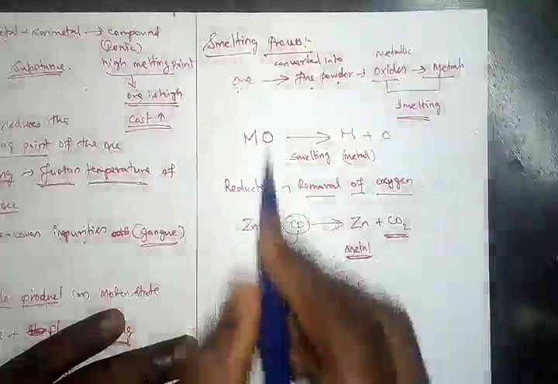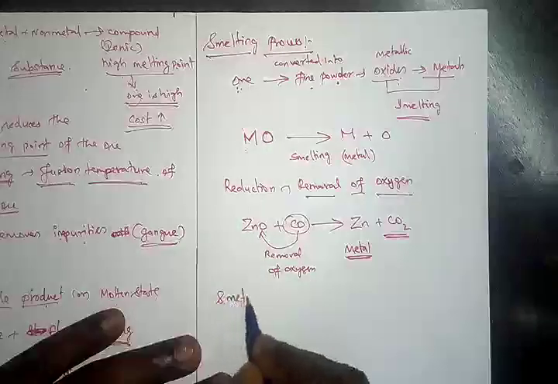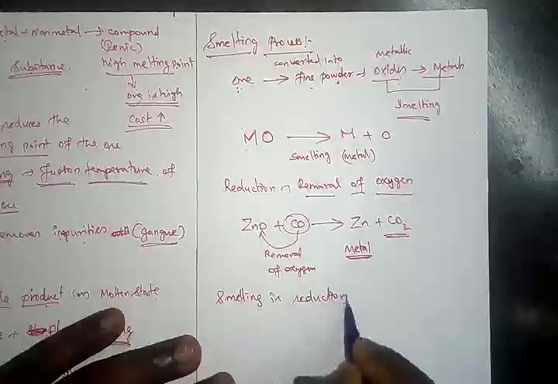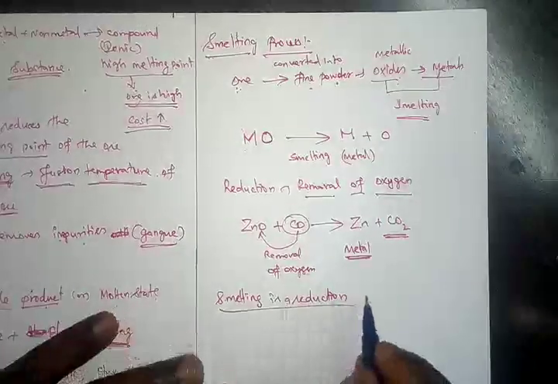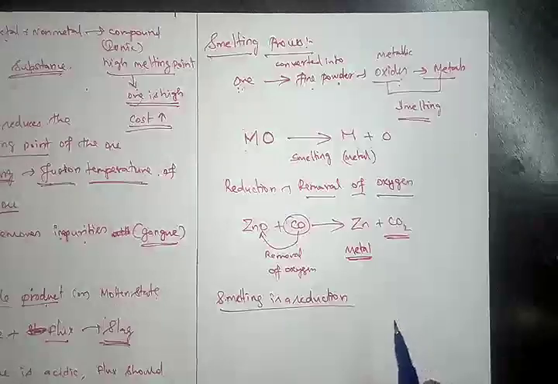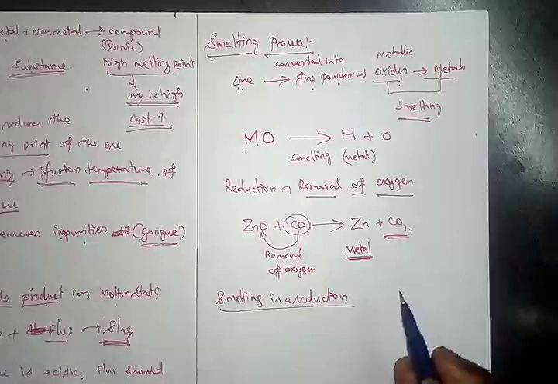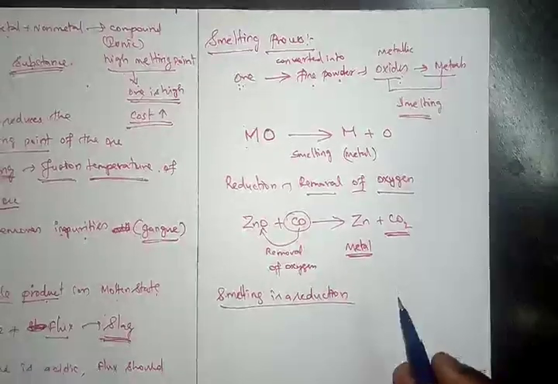So the smelting process is a reduction process. Smelting is what process? A reduction process. Smelting is a process of reducing the metallic oxide to form metal.